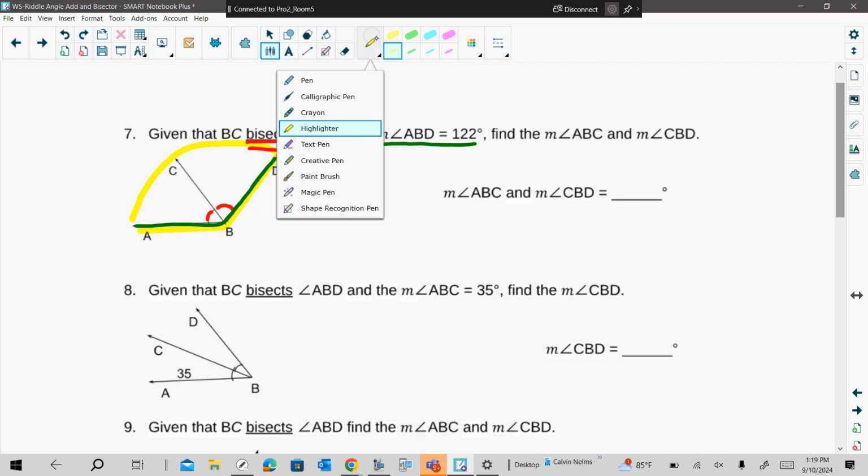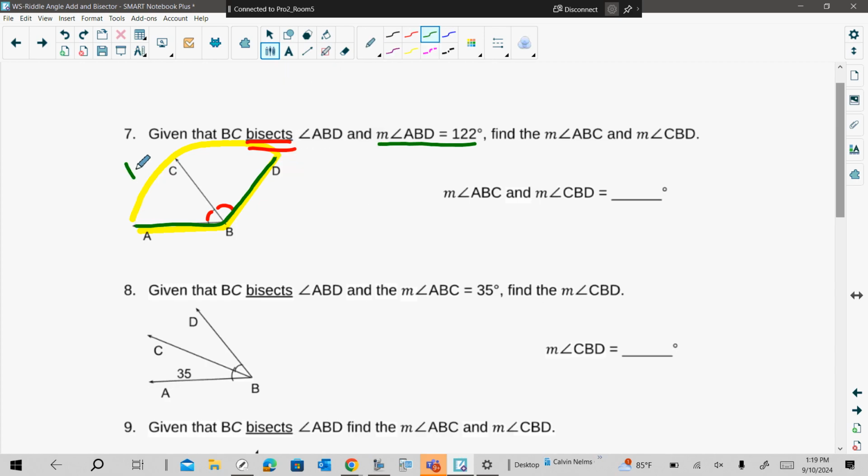And that whole angle is a measure of 122. So you just take that 122, divide it by 2, cut it in half, and that gives us each piece to be 61. So these two parts are both 61 degrees.